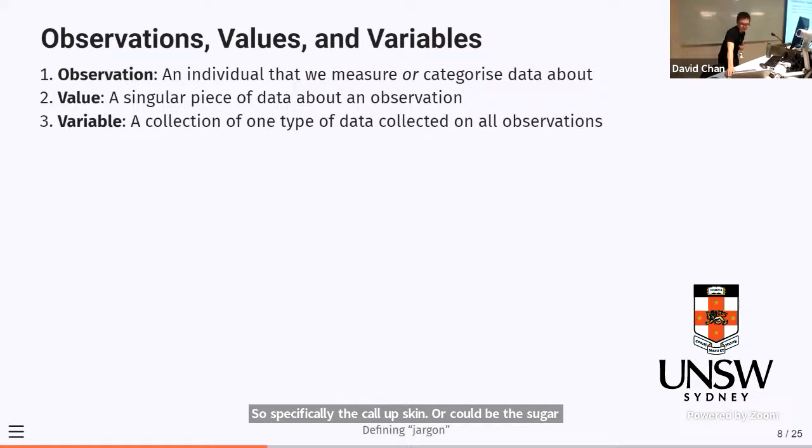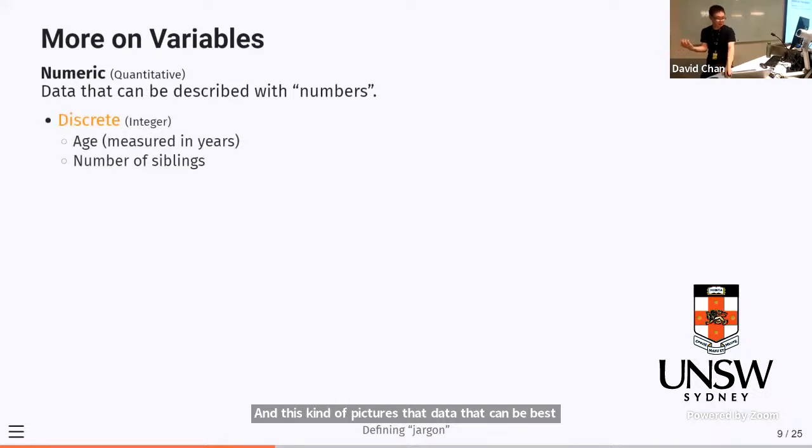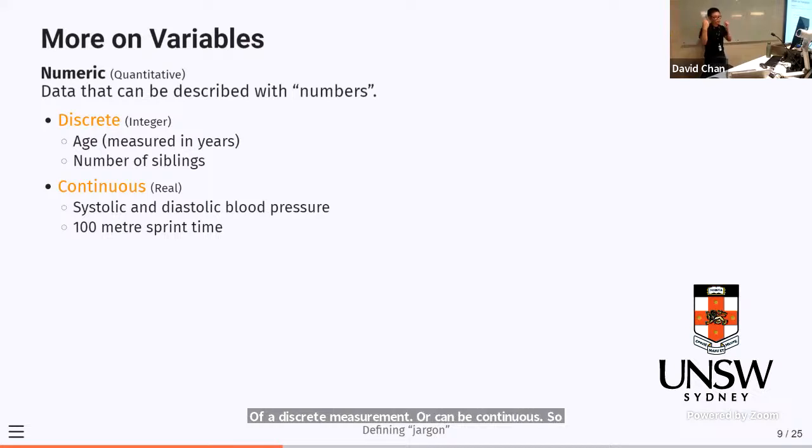With variables in particular, we can split them further as well, starting with numeric variables. Some people may know this as a quantitative variable. This pictures data that can be best described by numbers. It can be discrete, such as the number of siblings or age, specifically measured in years here. You can measure age in different ways as well, but that's one example of a discrete measurement. Or it can be continuous, anything you can measure with a tool, where the measurement error or precision depends on the tool.